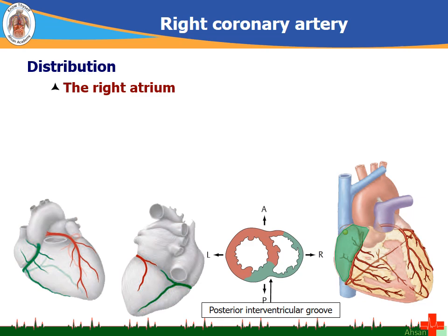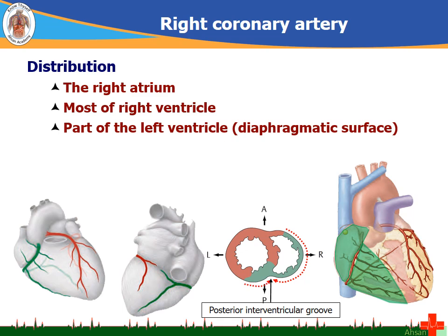Similarly, green stains will be shown on the other hearts. Most of the right ventricle is supplied by the right coronary artery. It is not supplying the area close to the anterior interventricular groove.